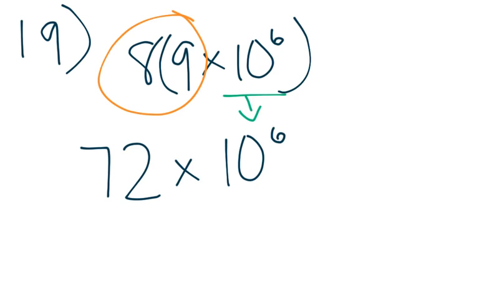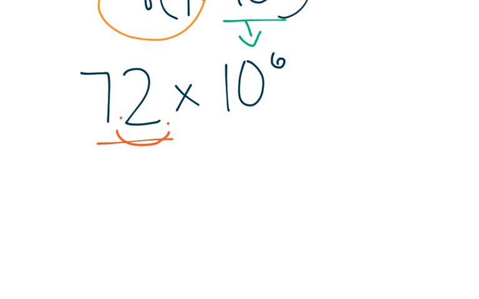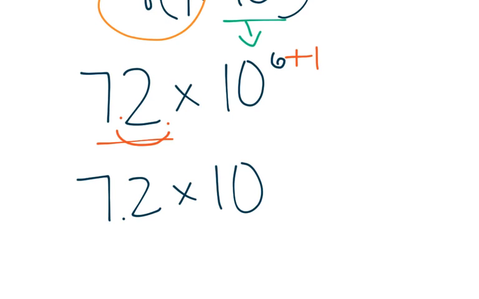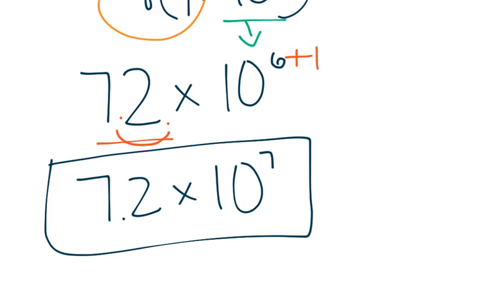We know that the decimal point is after the 2 because we don't see one, and we're going to move it once back because we want this first number to be in between 1 and 10, so 7.2. Since we moved the decimal once, we add 1 to this exponent. So we have 7.2 times 10 to the 7th power. And this is our final answer for number 19.